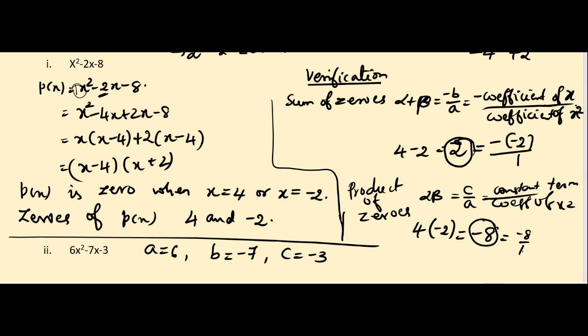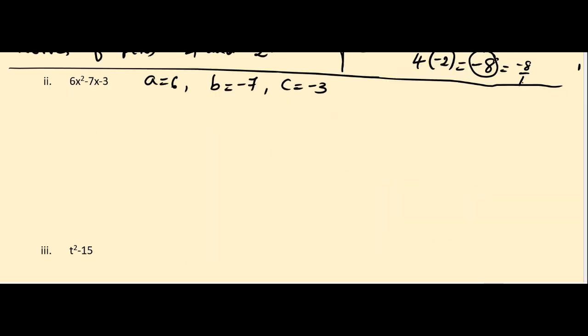So when we multiply, we should get minus 18, and when we add, we should get minus 7. That's why the two numbers are nothing but 9 and 2. See here, if we take 9 and 3.